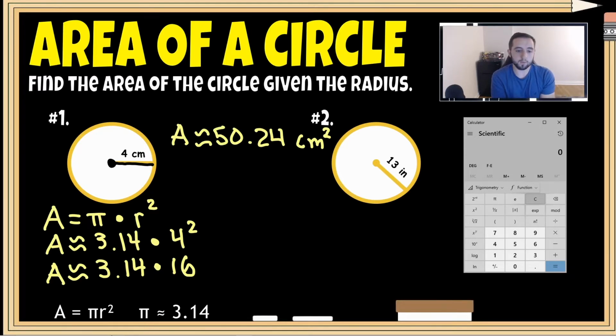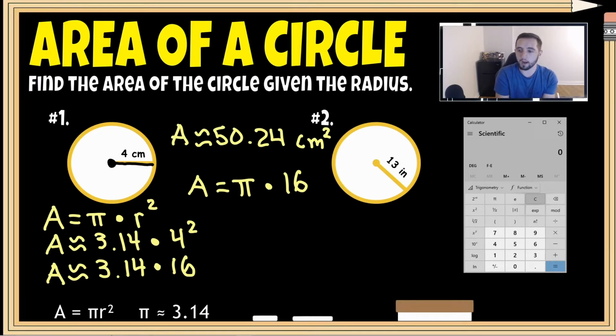Other types of problems that I see is leaving your answer in terms of pi. What I mean by that is we're not going to put a number in for pi at all. So if I was to rewrite my problem, we have area equals pi, and we know 4 to the second power was 16. Notice how I don't have the approximately symbol there anymore because I'm not plugging in a value for pi at all.